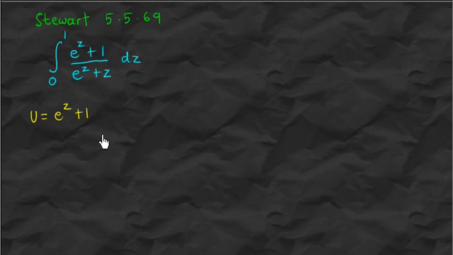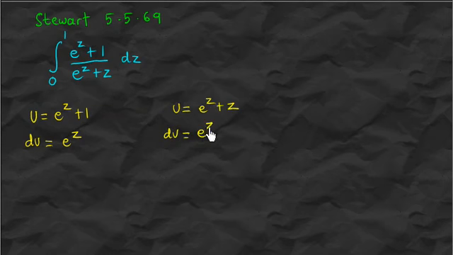and we will discuss the benefit of choosing each, the numerator or the denominator. If we pick u = e^z + 1, then du is e^z dz. If we pick u = e^z + z, then what is our du? The derivative of e^z is itself, and the derivative of z is 1.